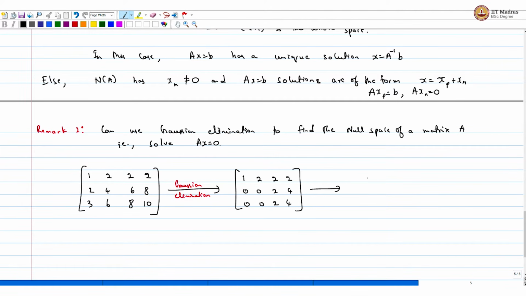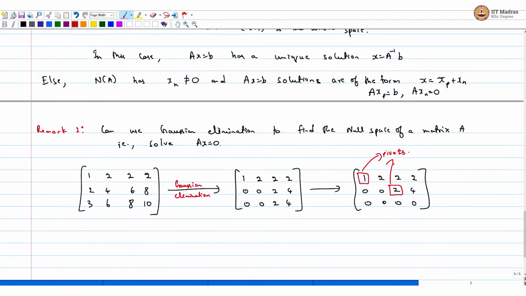And some more steps would lead to 1, 2, 2, 2, 0, 0, 2, 4 and 0, 0, 0, 0. So now if I want to highlight the pivot columns, this would be it.